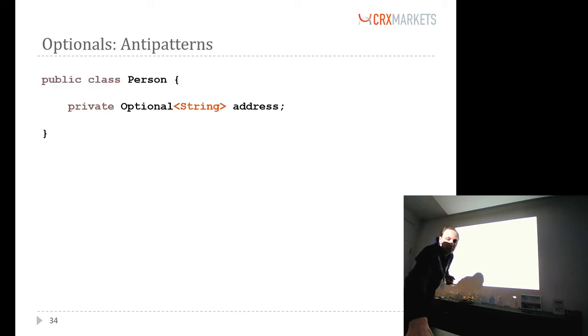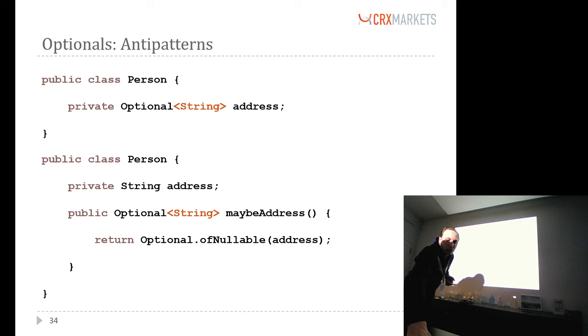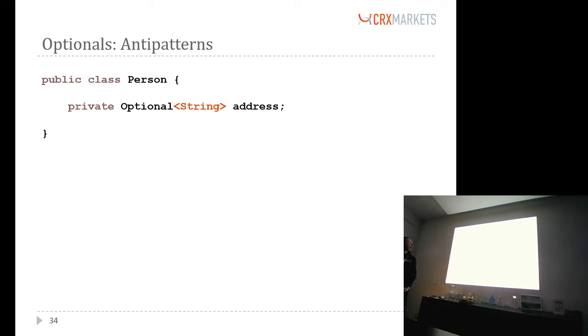Another interesting case is this one. I'm not sure if this is an anti-pattern because, well, you want to have an optional field in your class. What's so bad about it? It seems a pretty good use case for an Optional, but the problem here is, first of all, that Optional is not serializable.